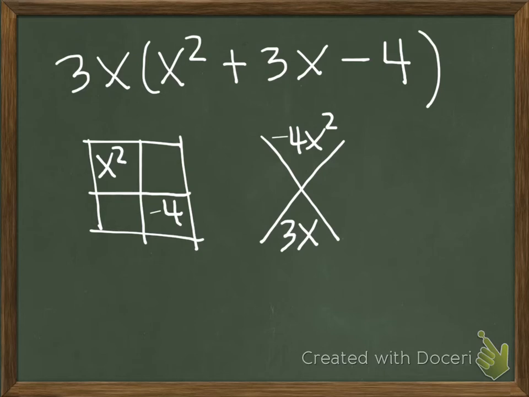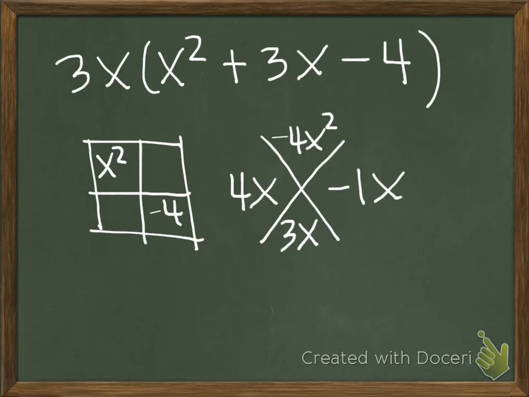Now I will give you time to find two numbers that multiply to equal negative 4x squared and add up to equal 3x. I hope you got 4x and negative 1x like I did.